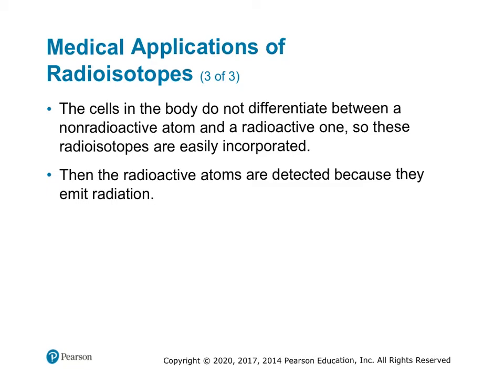Because cells in the body do not differentiate between a non-radioactive and a radioactive isotope, radioisotopes are easily incorporated into the body, and then the radioactive atoms are detected due to their radiation emission.